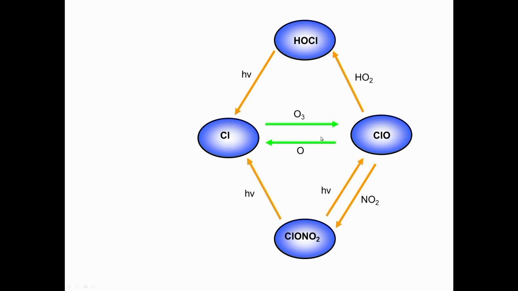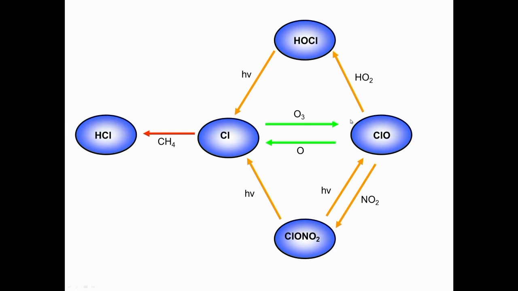So the green arrows are really, really fast, and the orange arrows are quite slow, but they form these large reservoirs of the reactive chlorine. So these are fairly unreactive, these are very reactive. And then the Cl could react with methane to produce this, and that would lose Cl from the system. It would go down to the troposphere, and because it's soluble, can be removed.